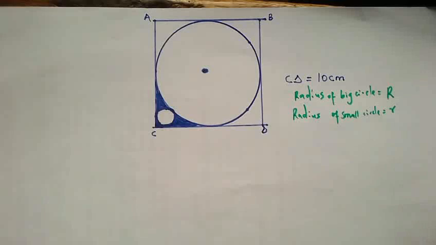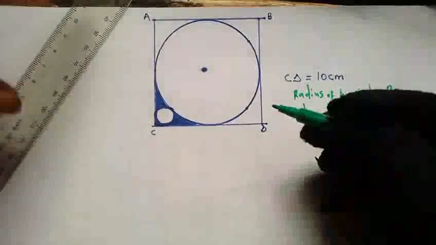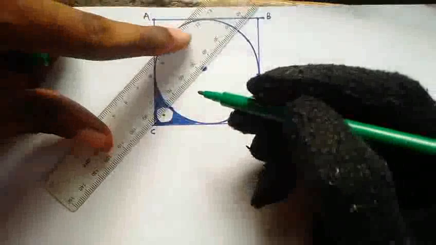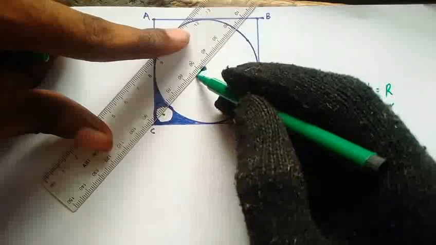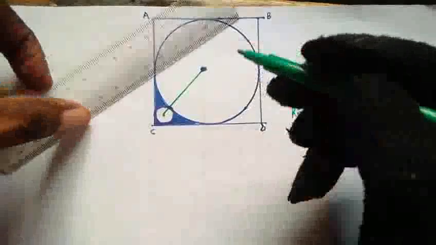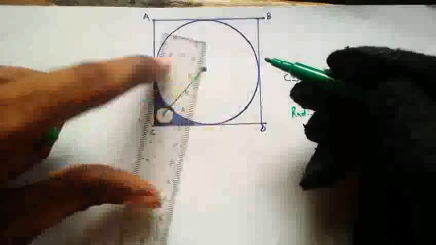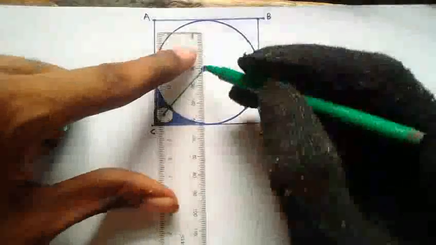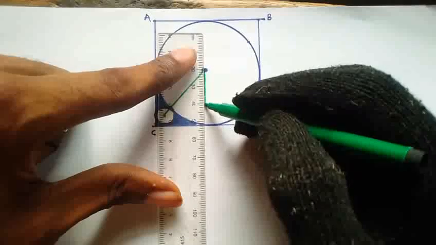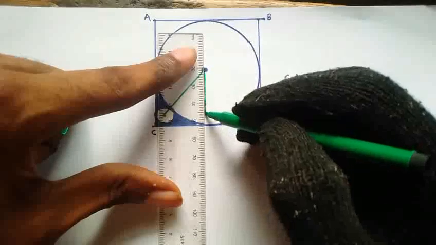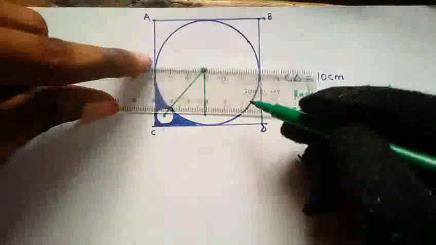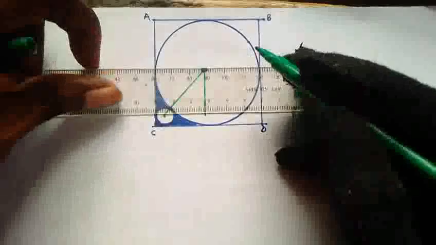Now let's draw a line to connect the two radii. This is the center of this circle here, so we have the following line. Now we connect these two lines to form a right angle triangle here.